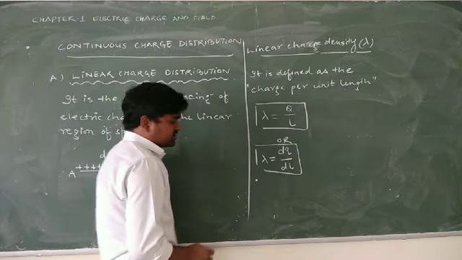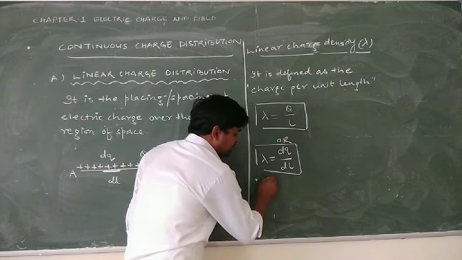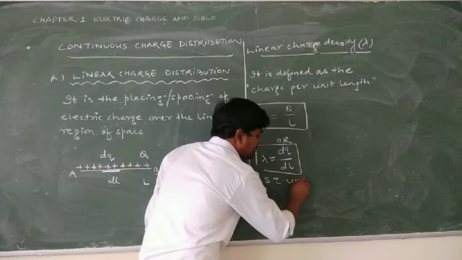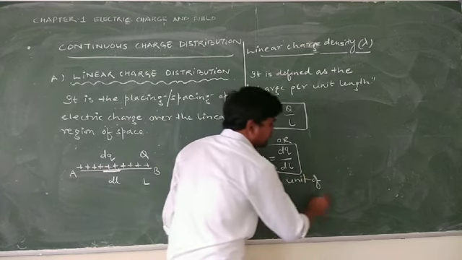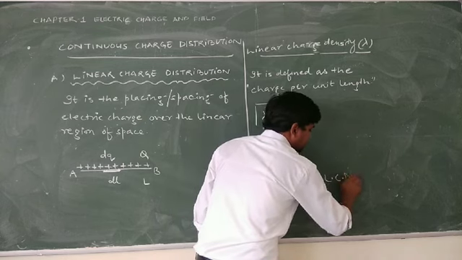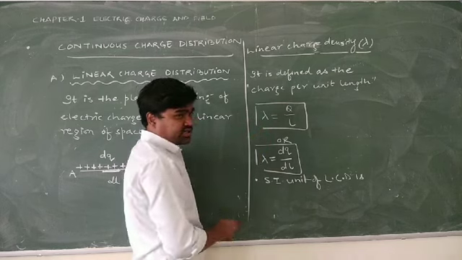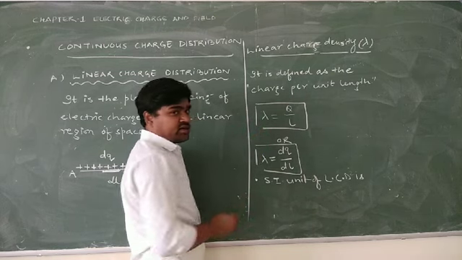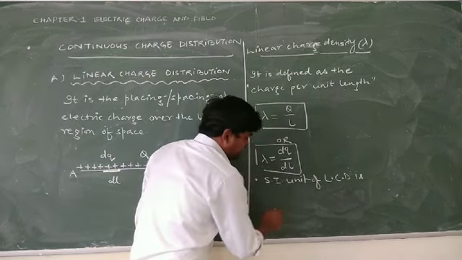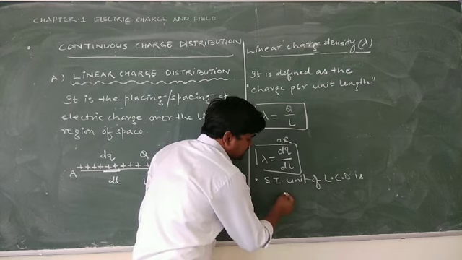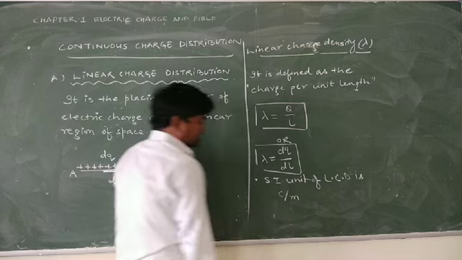Here we have some notes. The SI unit of linear charge density has charge in the numerator and length in the denominator, so it will be coulomb per meter, right?